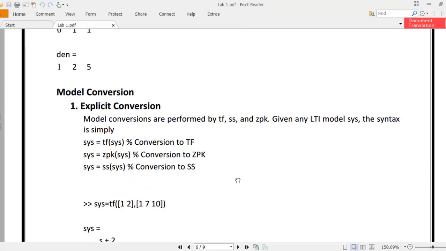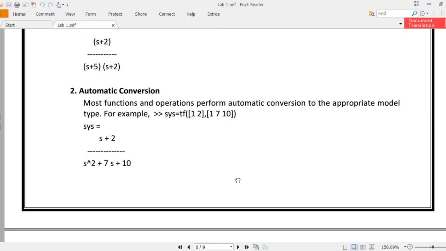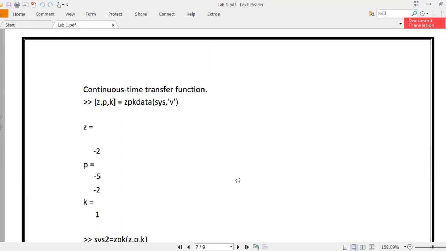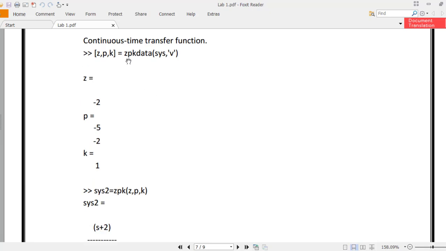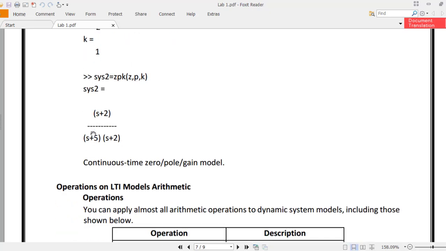So that's the conversion that I've already told you, the explicit conversion. The automatic conversion is a little difficult, in that you have to extract the ZPK data and then convert that ZPK to the model that you want it to be.